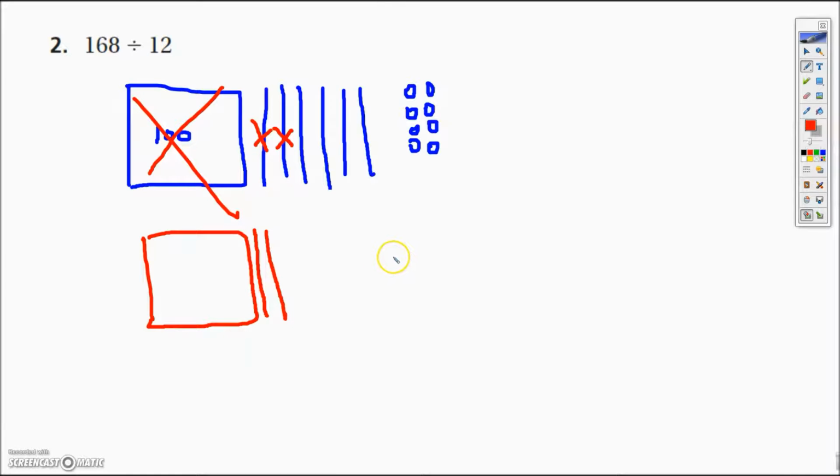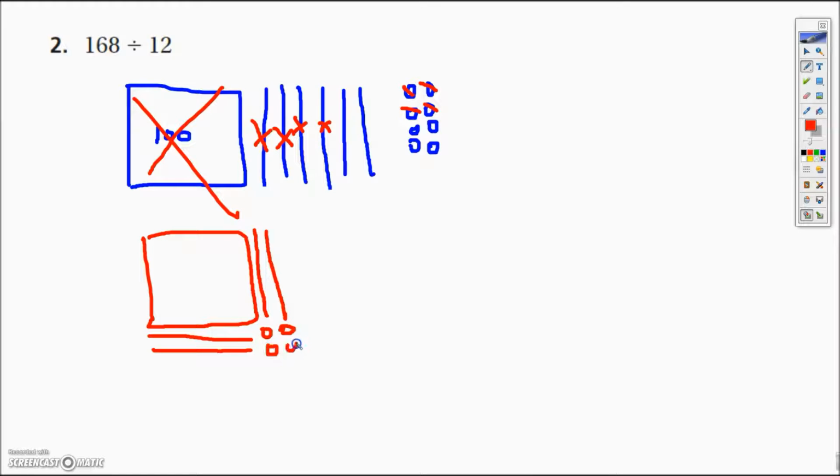Okay, so now I need to make more rows of 12. So I can take one of these 10s, put it under here, and then add 2 1s, like that. And I can just keep doing it until I run out of these pieces.